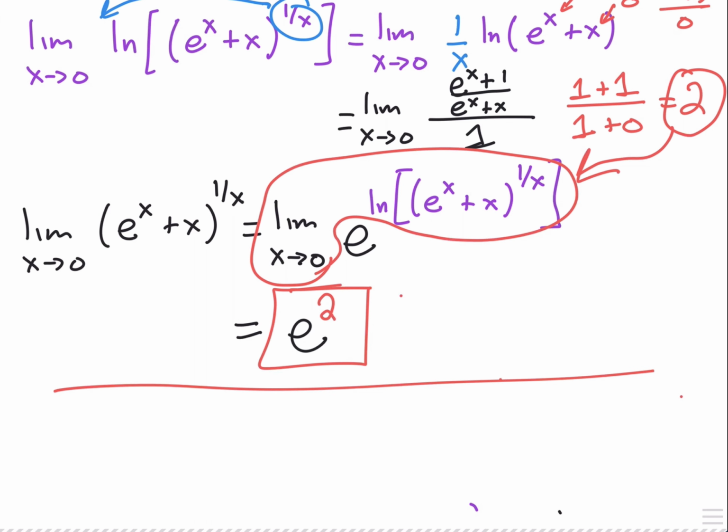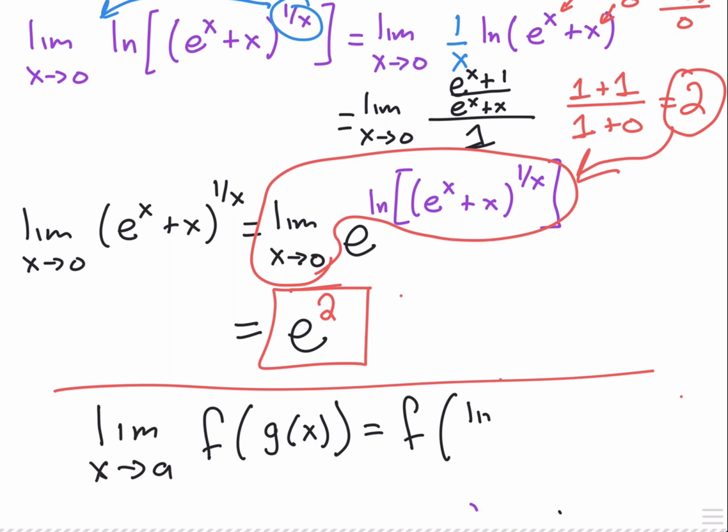Yeah, so it's been a while since we did this, but one of the limit laws was that if you have two functions, f and g, and if their limit exists, then the limit of the composition of the two is equal to f of the limit as x approaches a of g of x.